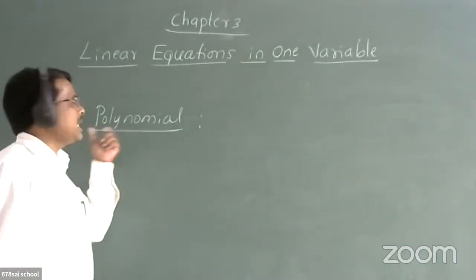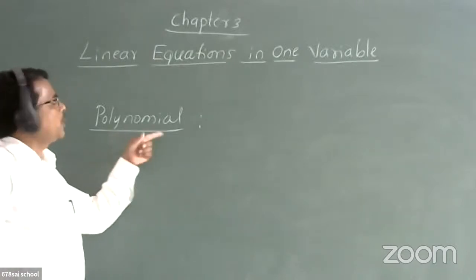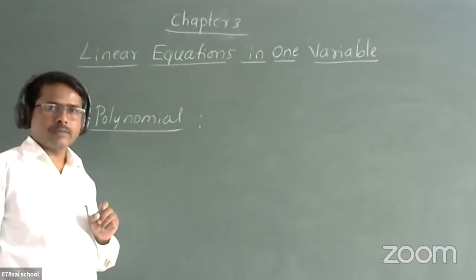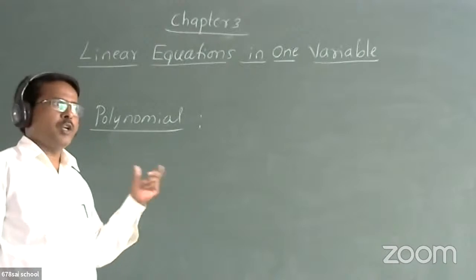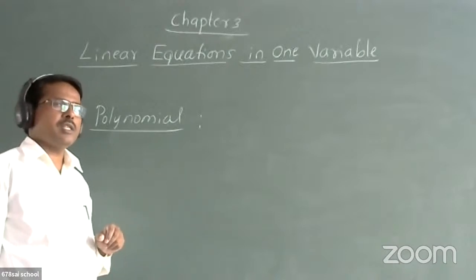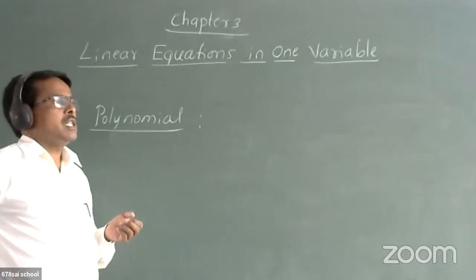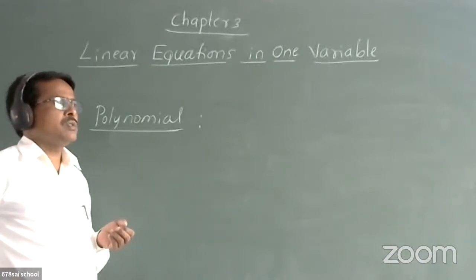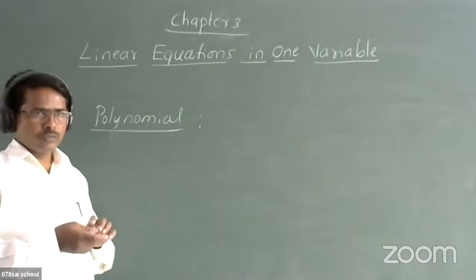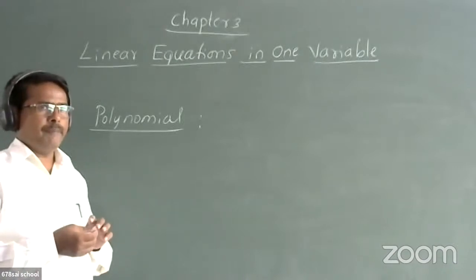Poly means many. Polynomial means having many terms. A polynomial is an algebraic expression which has two or more terms.